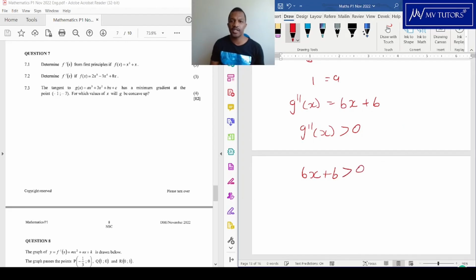When we do gymnastics, we take that 6 to the other side so that it becomes minus 6. Then we divide both sides by 6, and x is greater than minus 1. This is our final answer. So it's going to be concave up for values of x greater than minus 1. That's the whole point of this calculation.